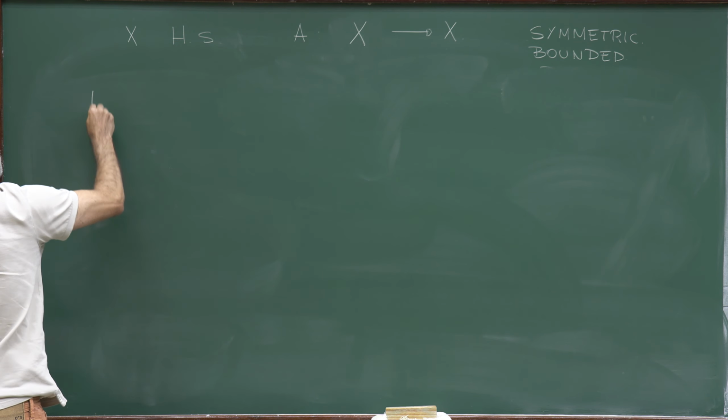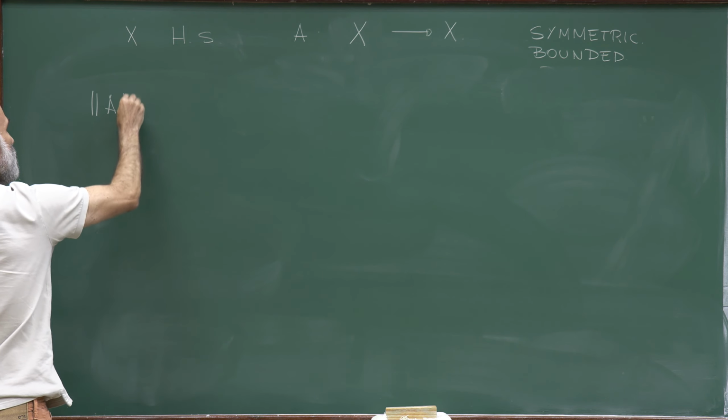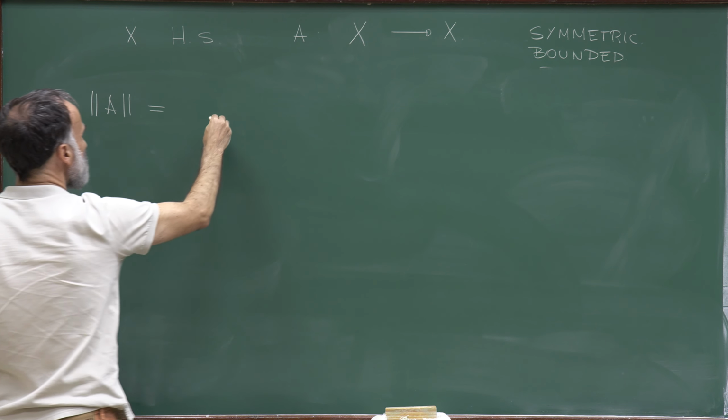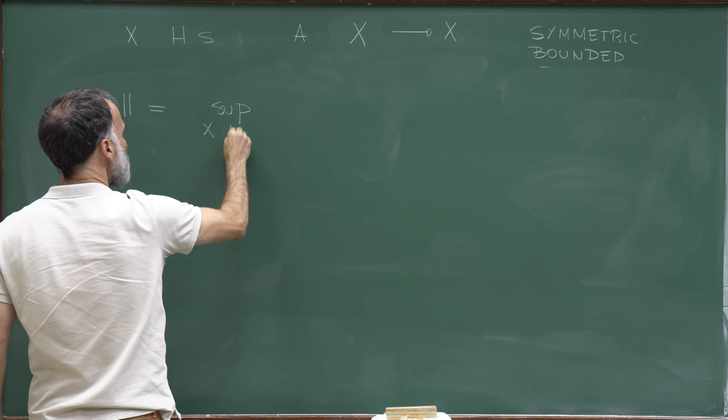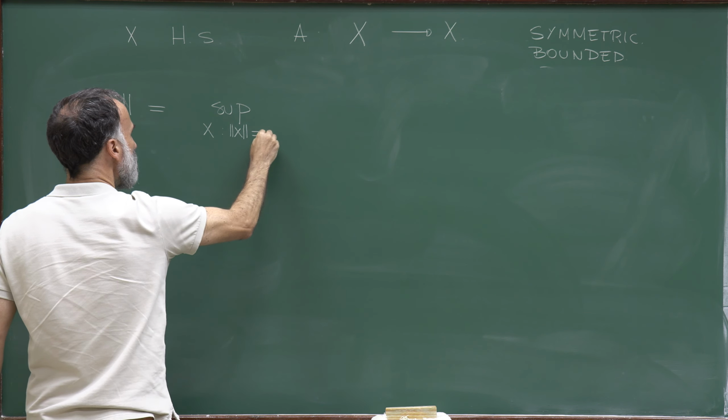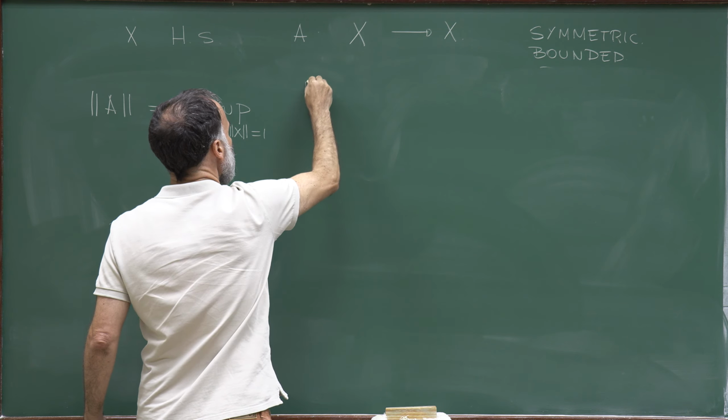So remember that the norm of an operator A is defined as the supremum over all x in X whose norm is equal to 1 of the norm of Ax.